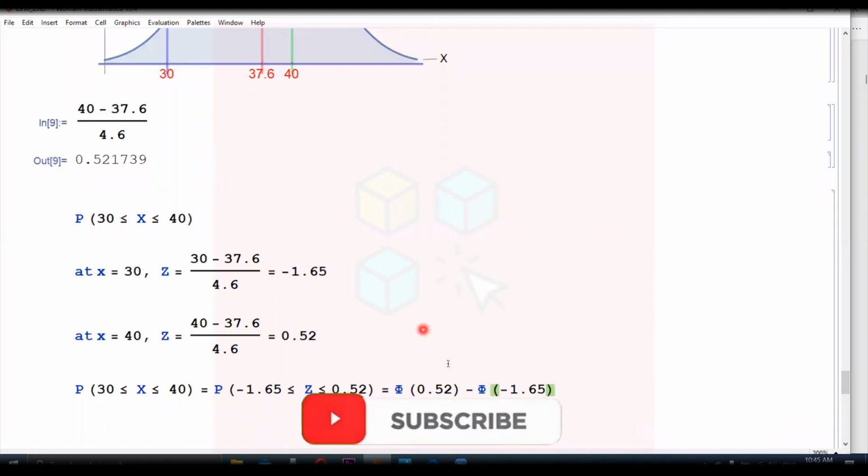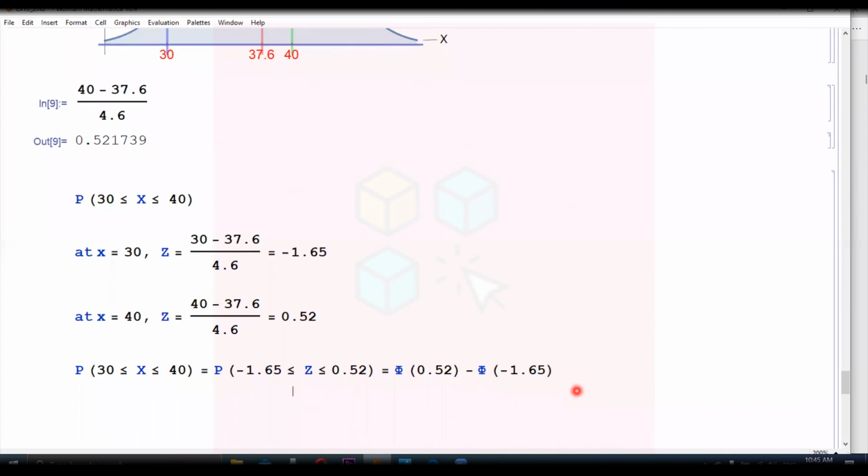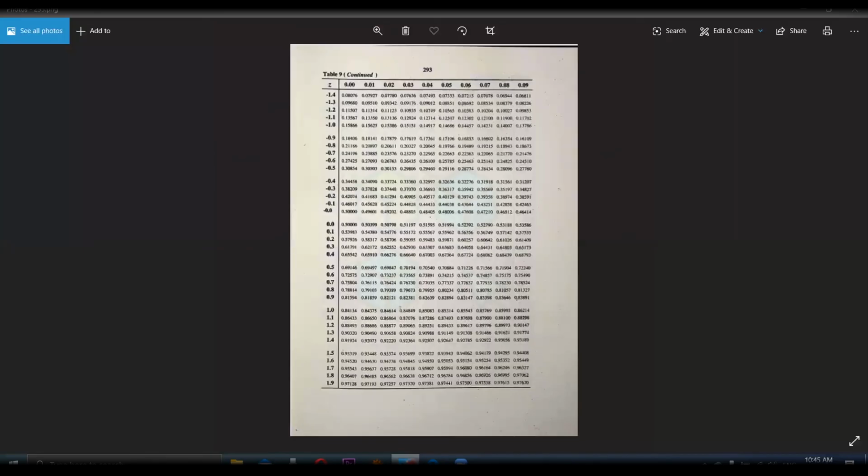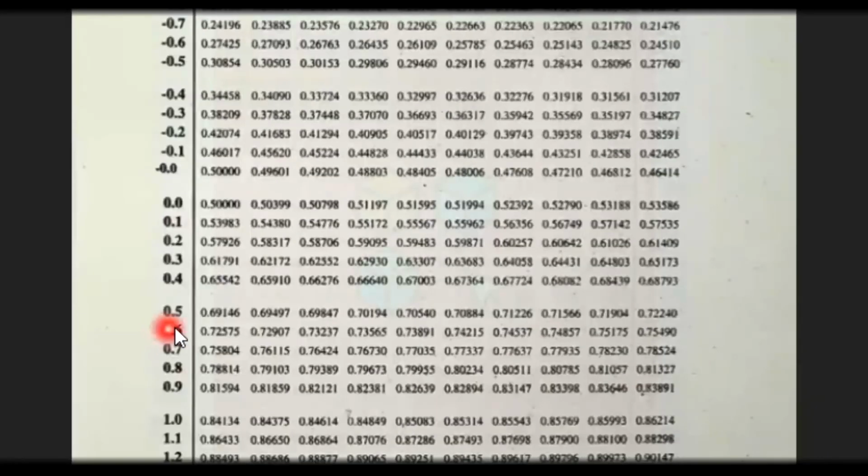So using the table, first of all we have to find the value of 0.52. I am writing it under these values so that we can understand properly. 0.52 from the table: 0.5 is here, and 0.52 is this, 0.5, 0, 1, and this is 0.52.